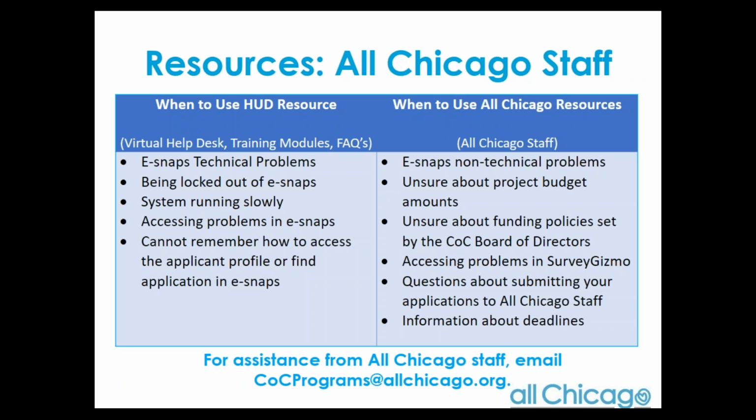And also information about deadlines. We did release a CoC competition calendar that's on our website, so that's a resource that can be used as well. And at the bottom here, you can see to use the CoC programs at allchicago.org. That goes to our entire CoC team, so we're able to respond more quickly and see your email right away. So we'll be definitely looking at that pretty frequently throughout the next couple of months.